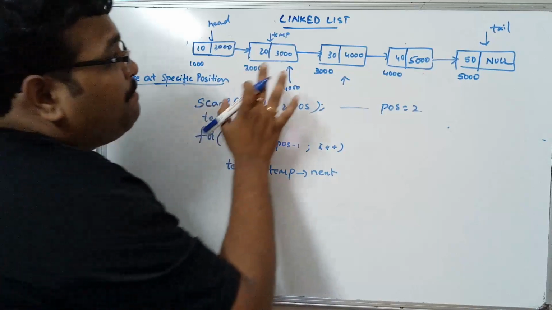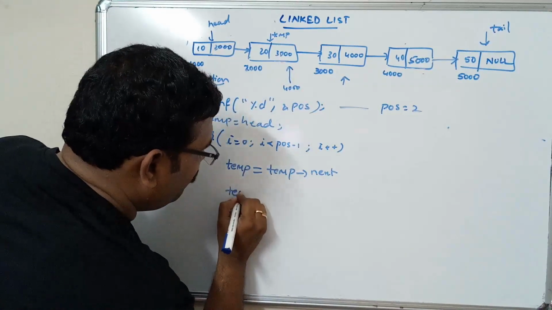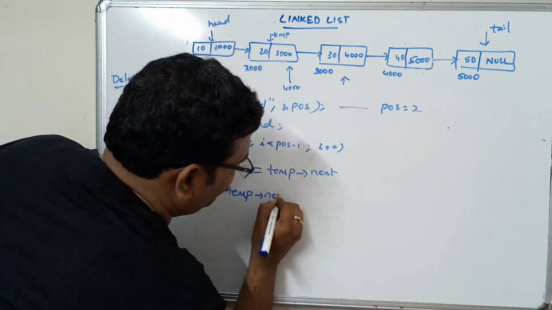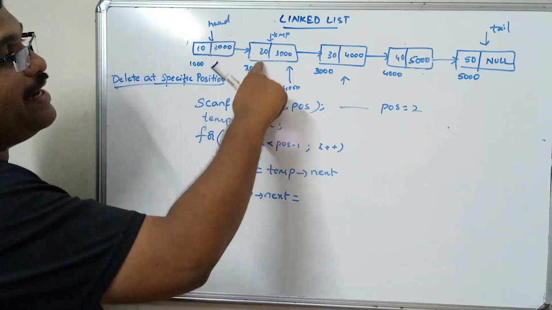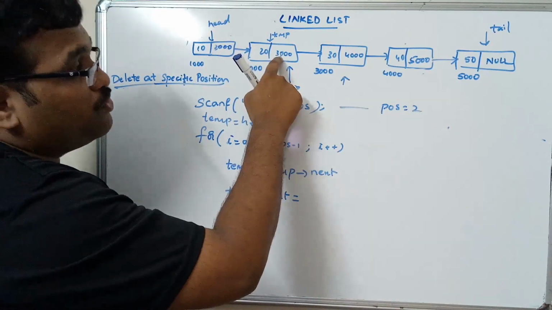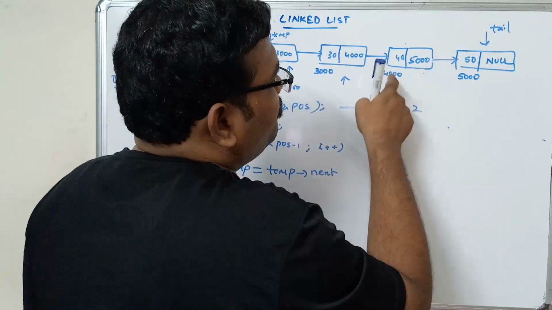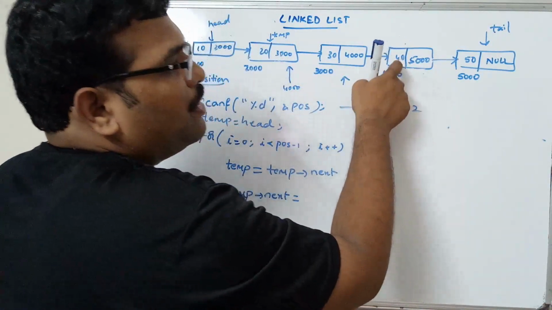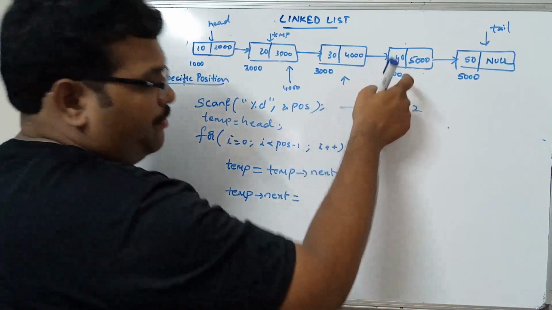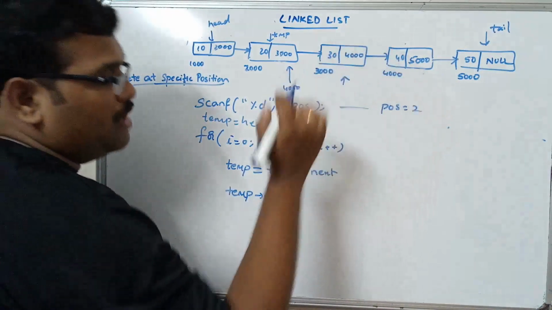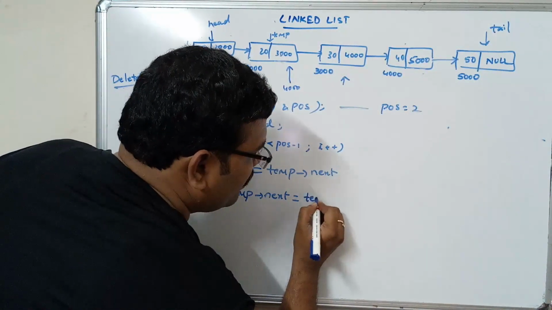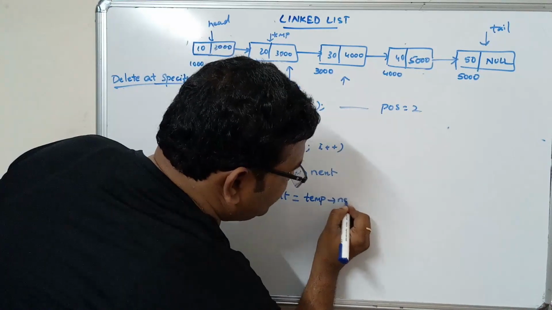Now see, temp of next. Here instead of 3000 we have to place the 4000, that means the address of 40. So in order to get this, we can simply write temp of next.